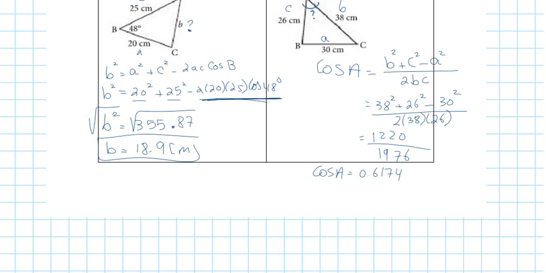What I have here is cosine A. So what do I need to do to find angle A? Cos inverse. Your answer should be to the nearest degree. So I got 52 degrees.